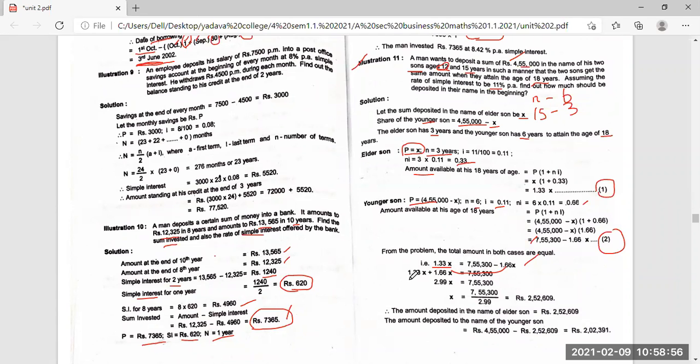So 1.33x plus 1.66x is equal to 7,55,300. So when we add both the x, 2.99x is equal to 7,55,300. So x, which is 2.99.